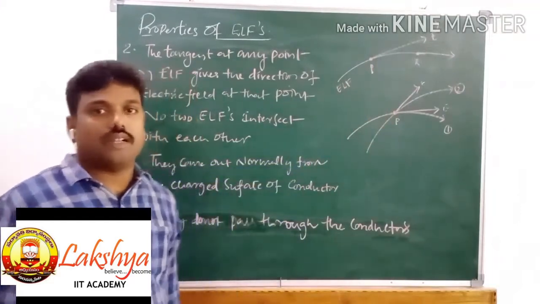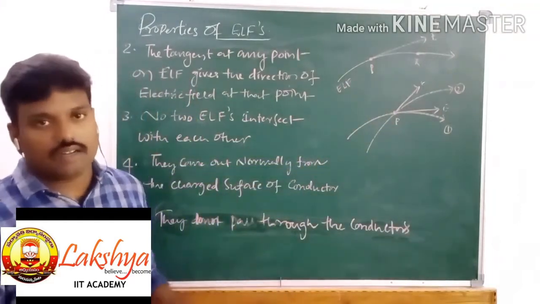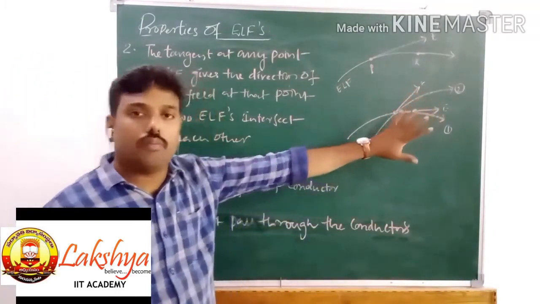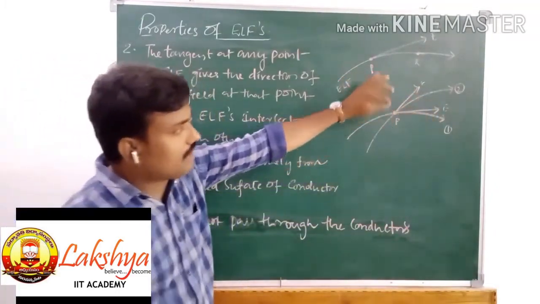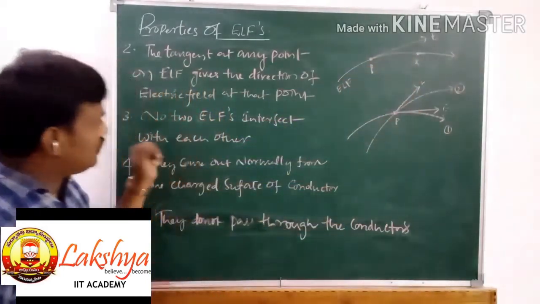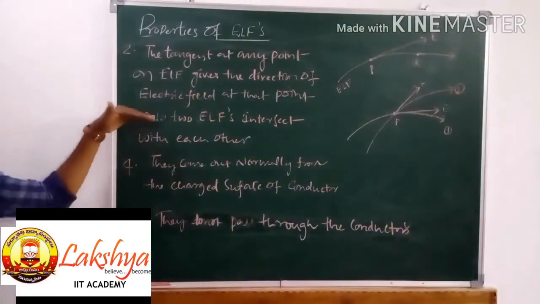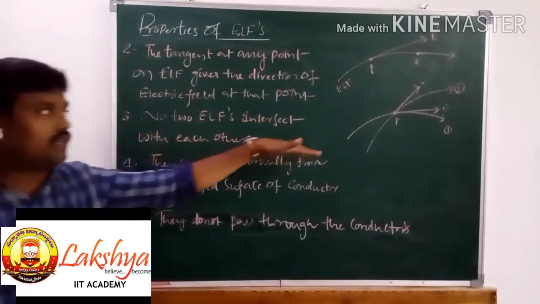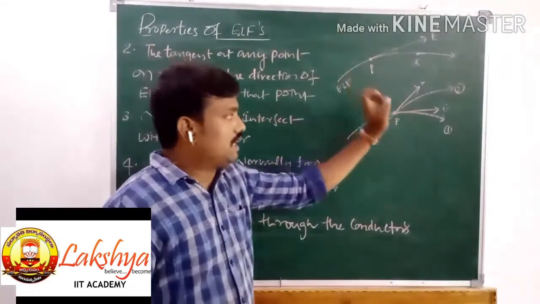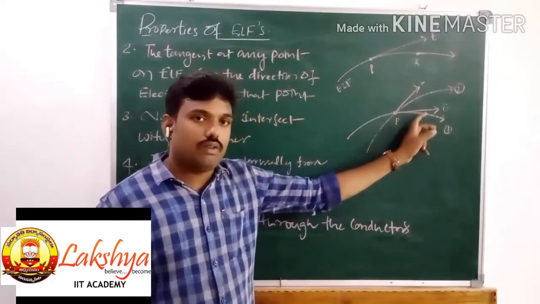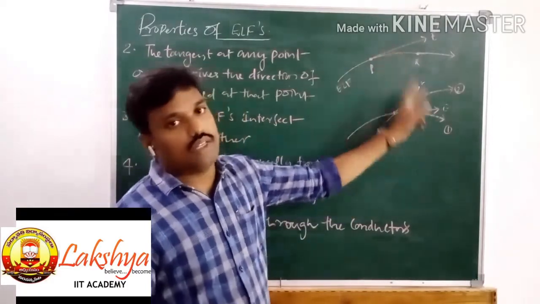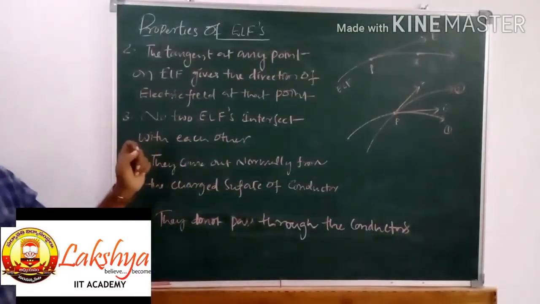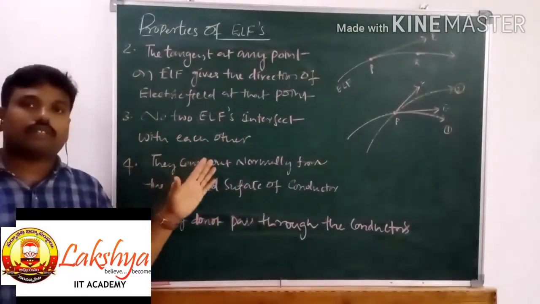Why? Because at a particular point an electric field cannot have two directions. That is impossible, so this concept is wrong. Hence we can decide that no two ELFs intersect with each other. If they did, the electric field at that point would have two directions, which is impossible.